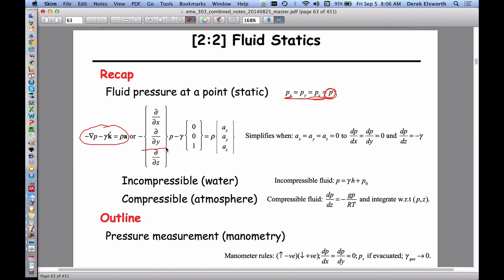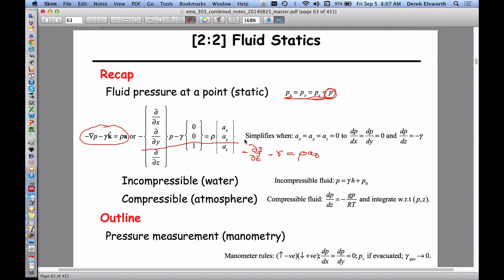Perhaps divide this out. So perhaps the most interesting one that we deal with is the one for behavior in the vertical direction, which if we write it out in longhand is just the change in pressure, unit weight, is equal to density times the acceleration in the z direction.